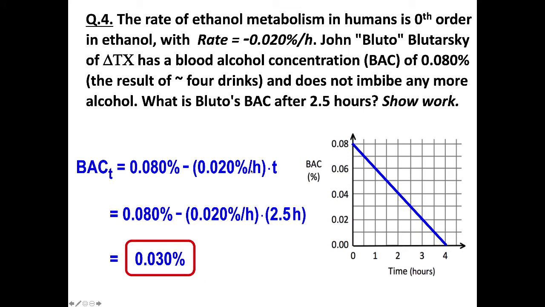So plugging and chugging into the mathematical equation gives the same thing as understanding what this means graphically and setting up the graph and estimating from the graph. And that's a little easier for the zeroth order process than it is for a first or second order where the concentration versus time plot isn't straight, but the same principle applies.